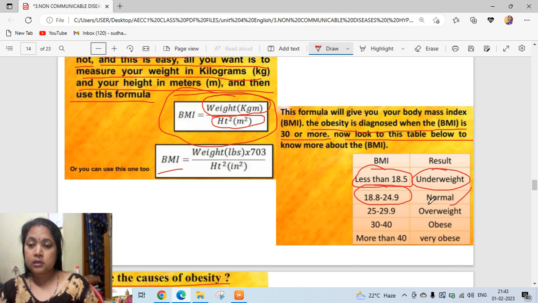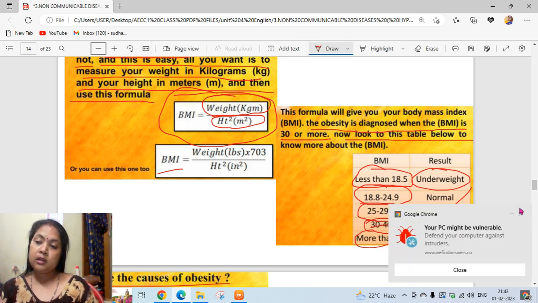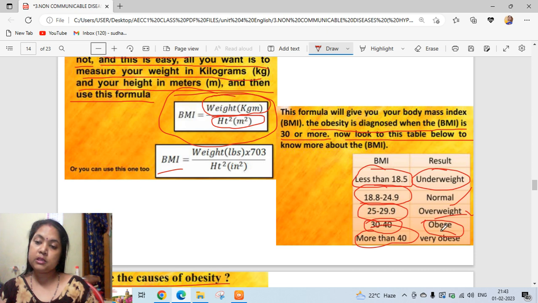Okay, and if it is 25 to 29.9 then you are overweight. Okay, and if this BMI is between 30 to 40 then it tells you that you are obese. Okay, and if it crosses 40 then you are very obese, which is very much dangerous for your health.